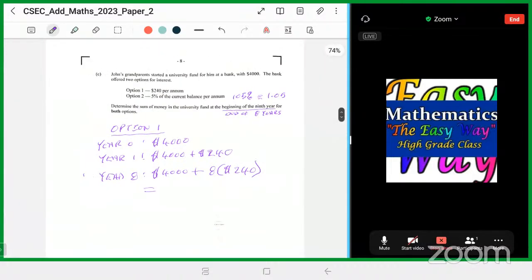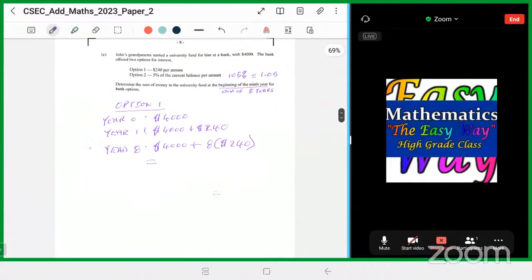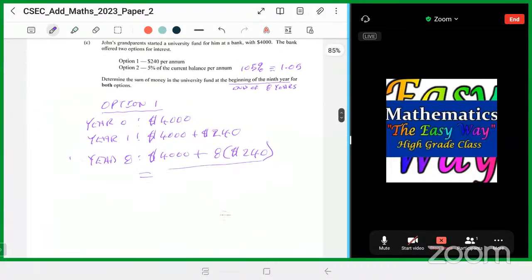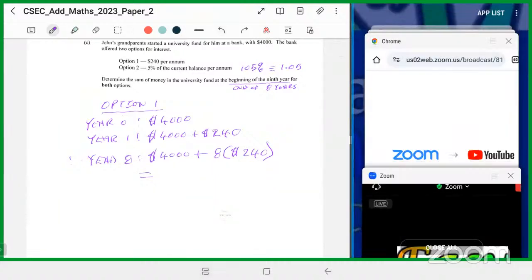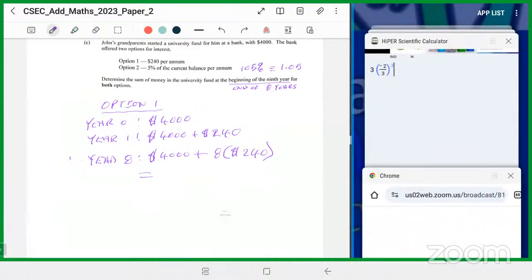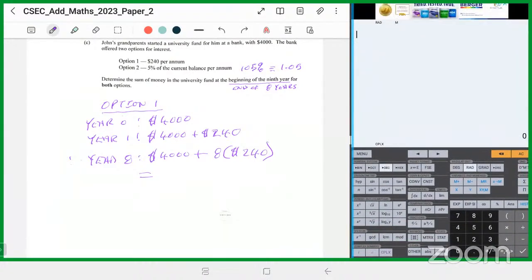Is there enough space to work? Okay, yes. So we're going to do this calculation. Let us get the calculator. I'm doing 4,000 plus 8 times $240.